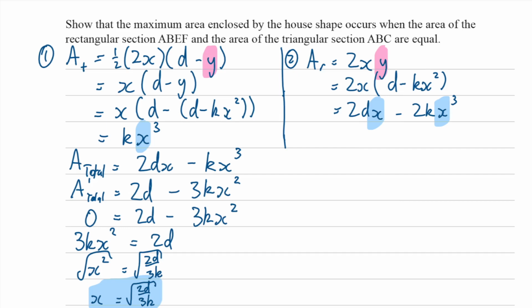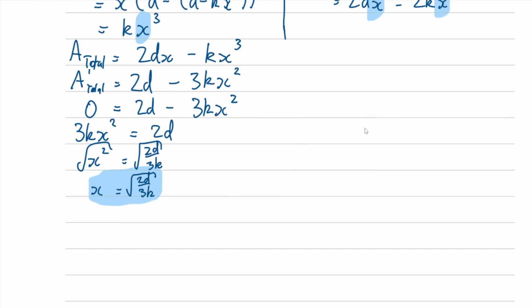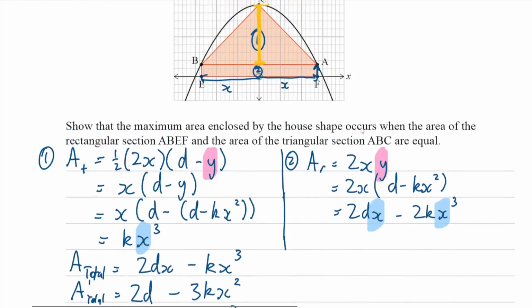So if you want a challenge, I encourage you to substitute in our value for x into our area equations here and here. However, I'm going to show substituting it in for y. So reminder, y equals d minus kx squared.